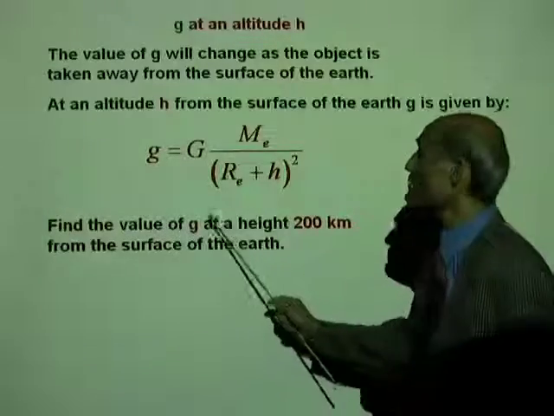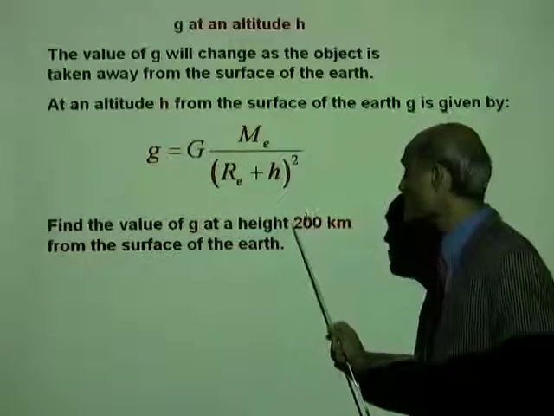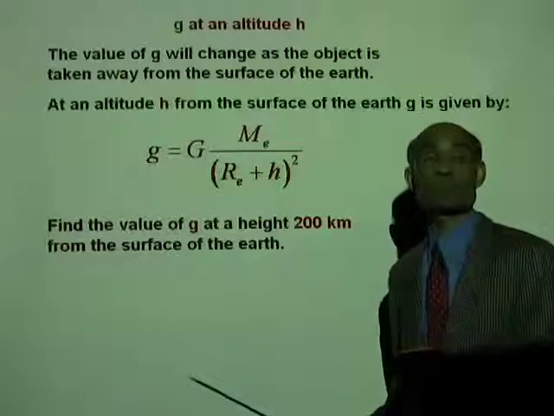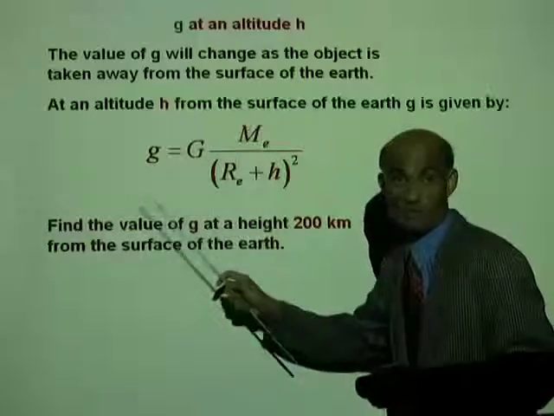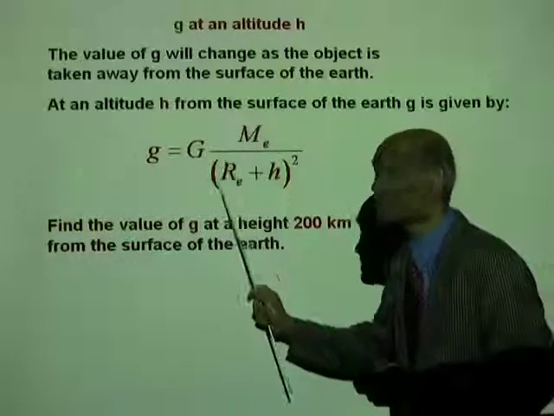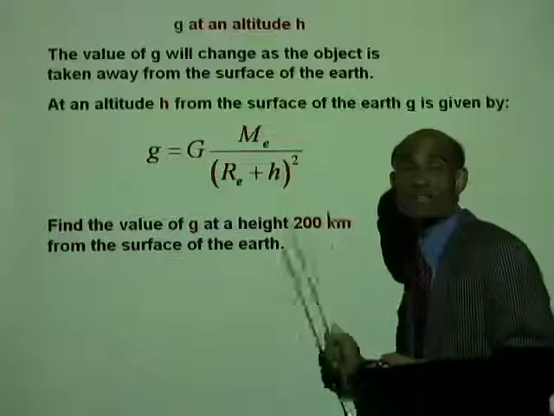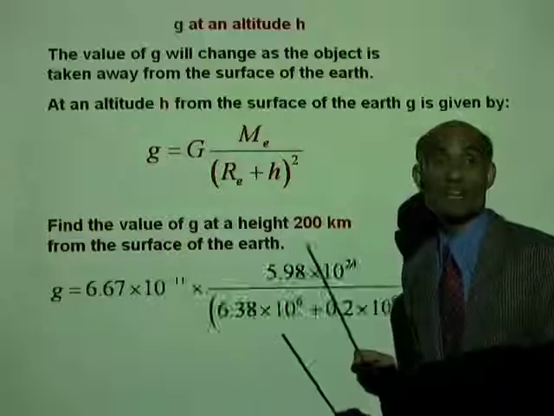Let's find the value of g, the acceleration due to gravity, at a height 200 kilometers from the surface of the Earth. Well, we know the mass of the Earth from the previous problem. We know the radius of the Earth. h is now given as 200 kilometers, and we know the value of the gravitational constant.